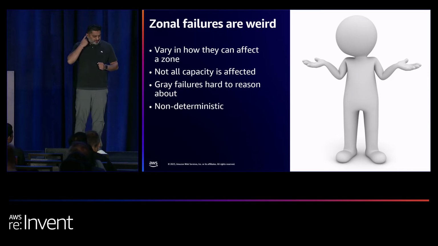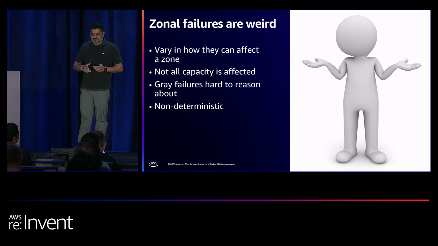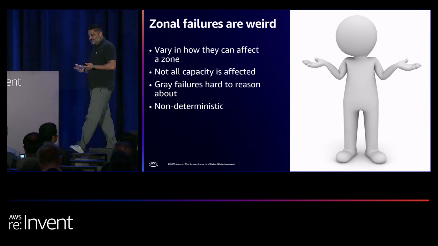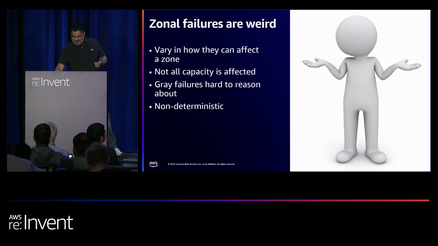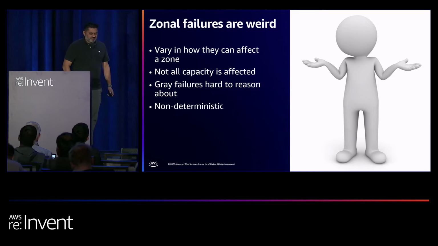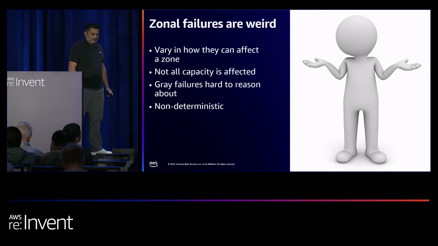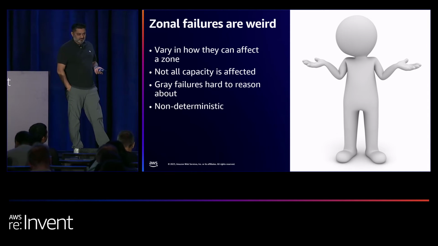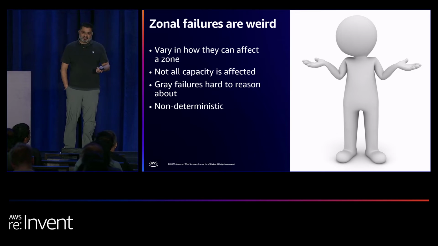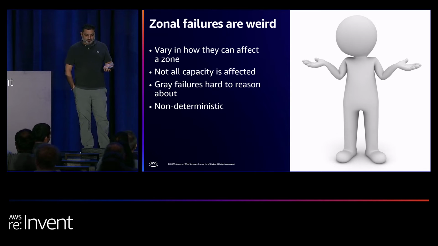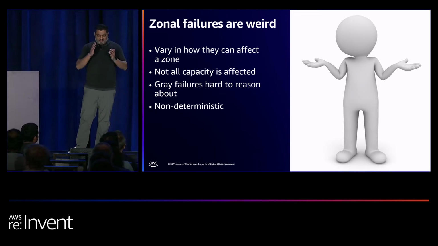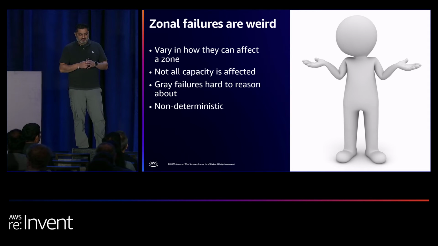So over several years of operating EKS, we've come to the conclusion that zonal failures are complicated. In practice, they're weird because they vary based on how they impact the capacity in a given region. An AZ may be fully down if it's on fire or something, or it might be partially down if there's a network disruption between some racks within the AZ.